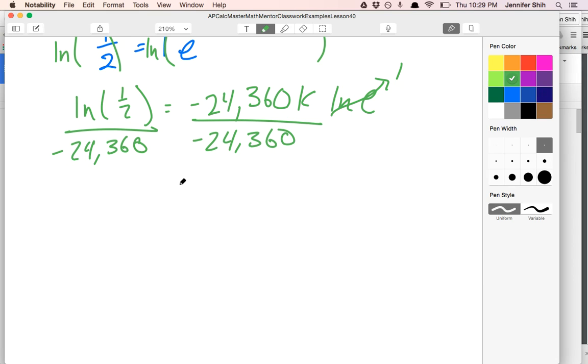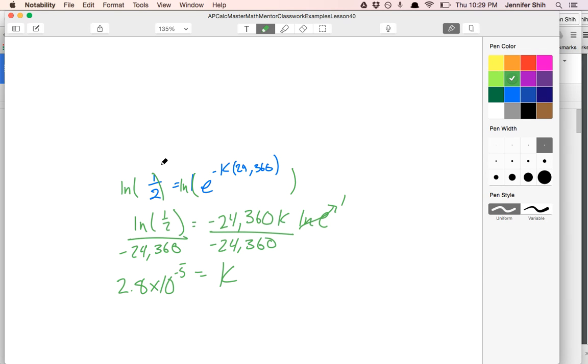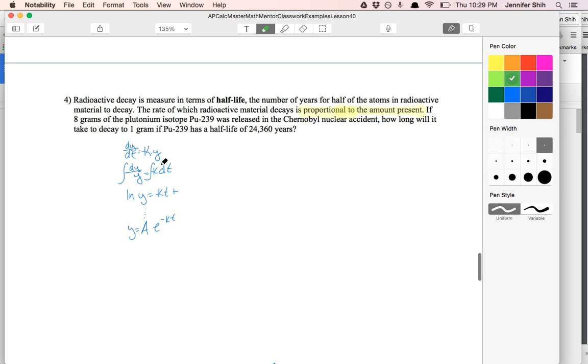My K value is going to be 2.8 times 10 to the negative 5, which is a really, really small value. If I go back and solve my differential equation, y is going to equal the initial amount, 8 grams, e to the negative 2.8 times 10 to the negative 5 t.